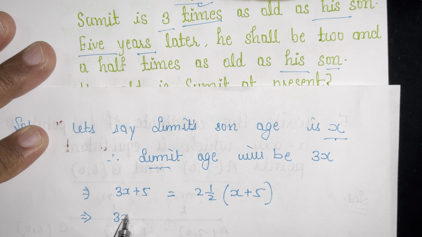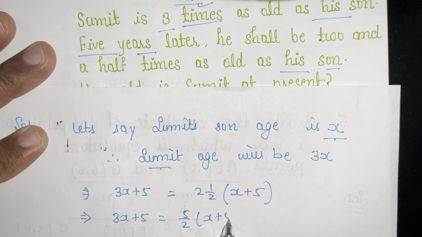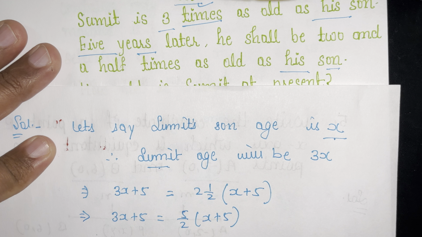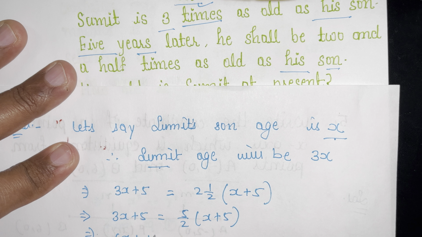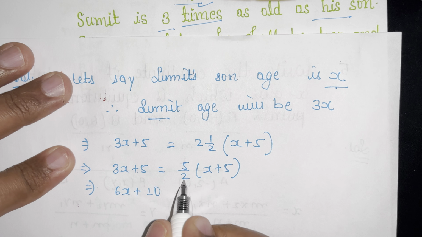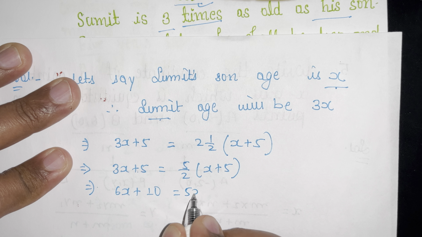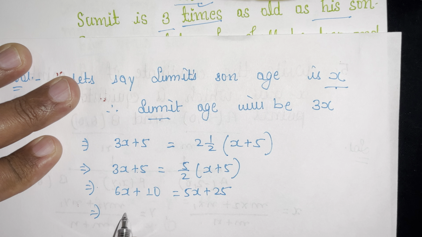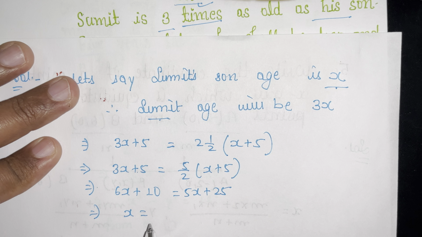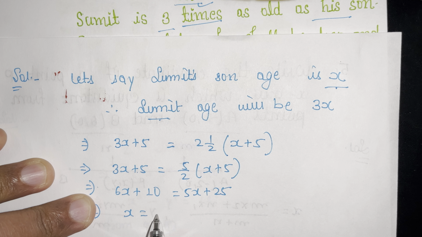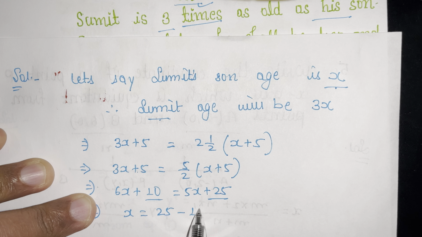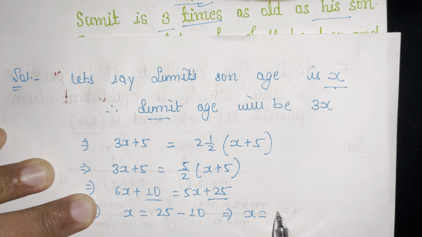So this one will become 3x plus 5 equal to 5 by 2 times (x plus 5). If you solve this, cross multiply, you will get 6x plus 10 equal to 5x plus 25. If you solve it, you will get x equal to 25 minus 10, so x equals 15.